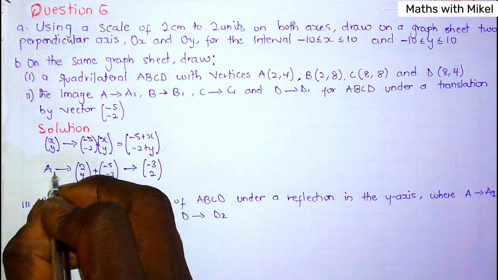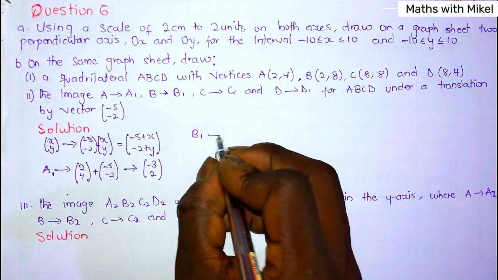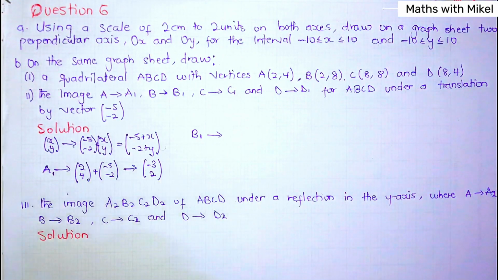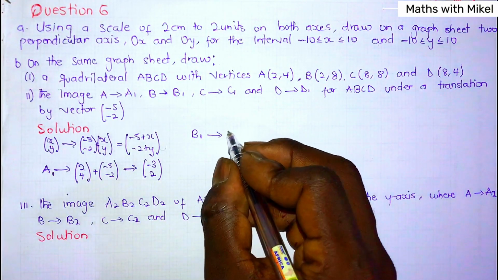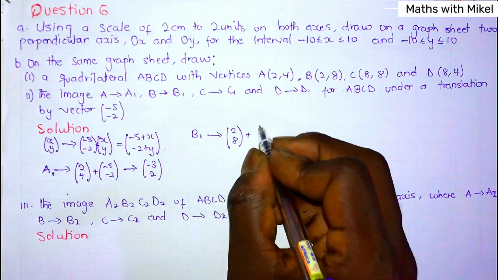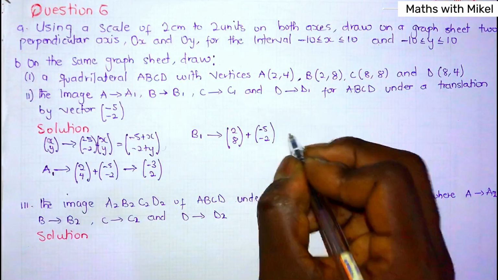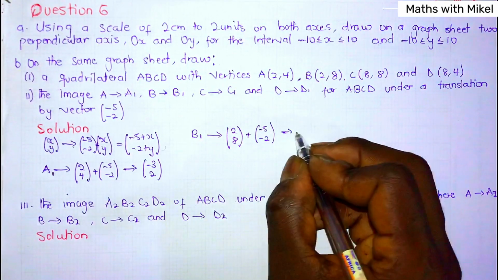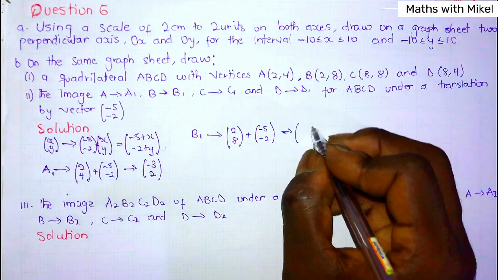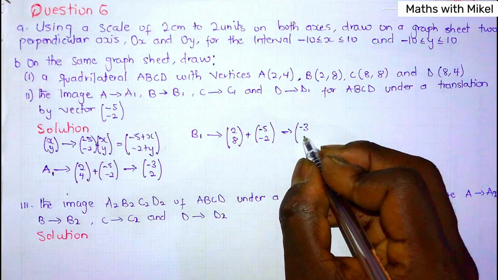So this is A1. So for B1, we get the original B, which is (2, 8). So (2, 8) plus (-5, -2). And this gives us -3, 8 minus 2, 6.